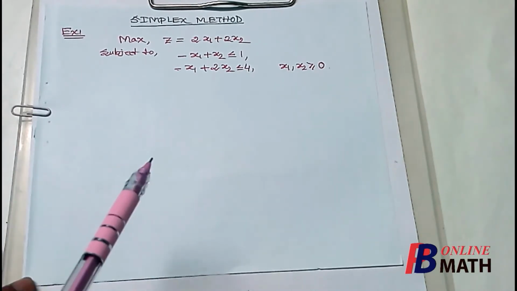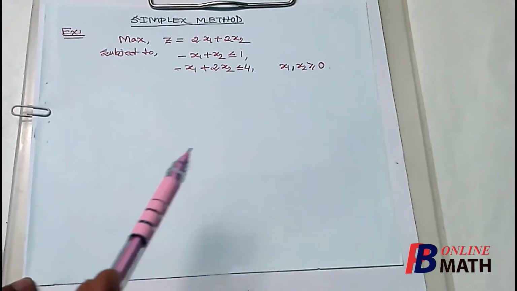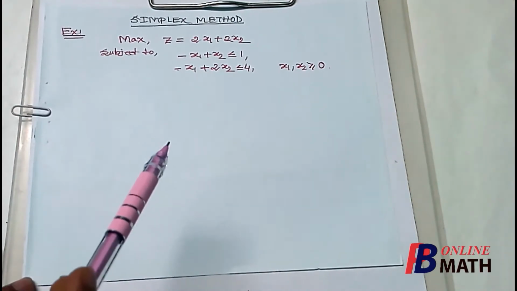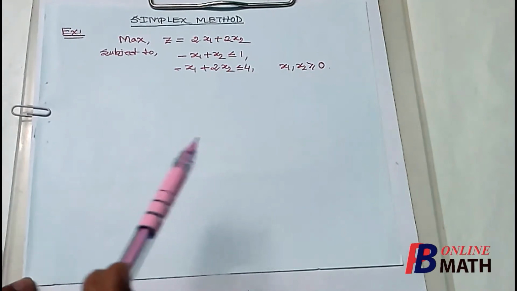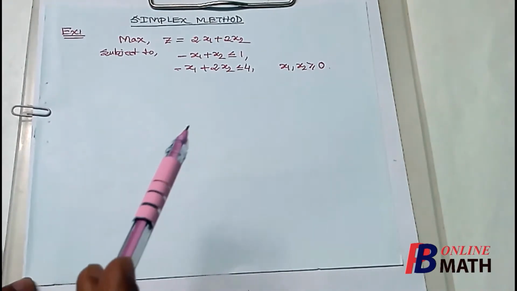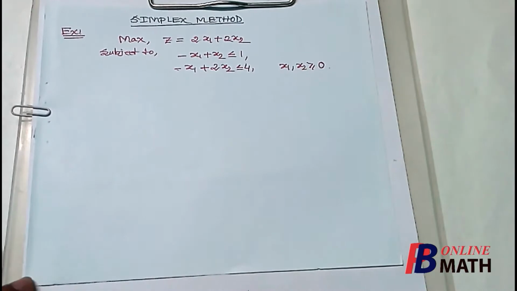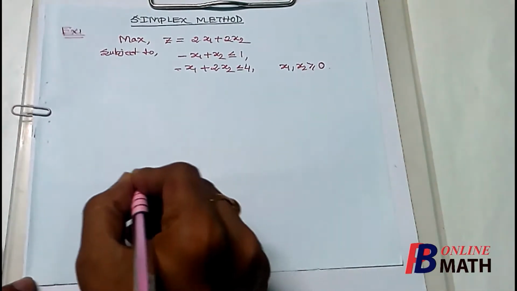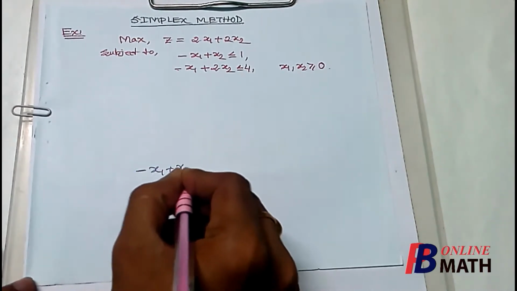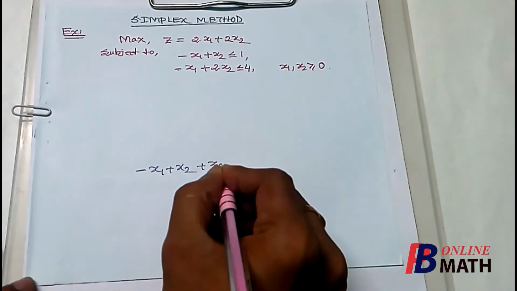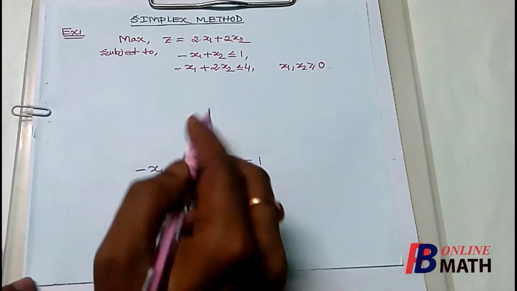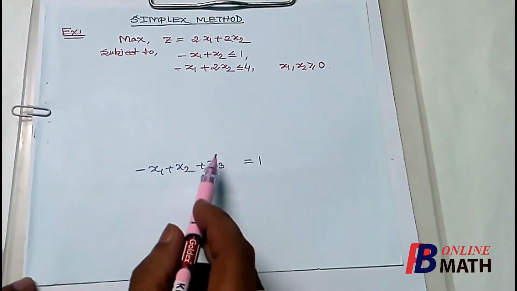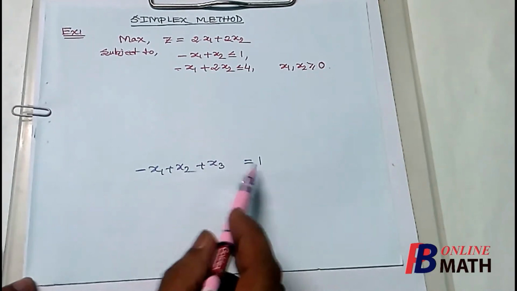Now since both the inequalities are less equal to type, we have to add slack variables on the left hand side of the constraint to convert the inequalities into equalities. So for the first constraint, let us assume that we add the slack variable x3, then the inequality becomes minus x1 plus x2 plus the slack variable x3 equal to 1.